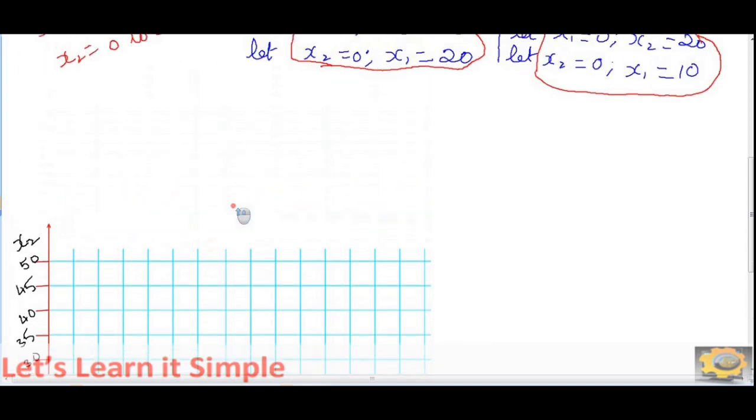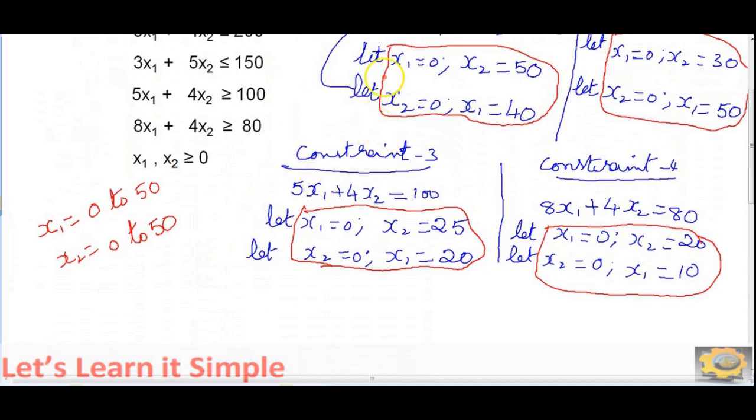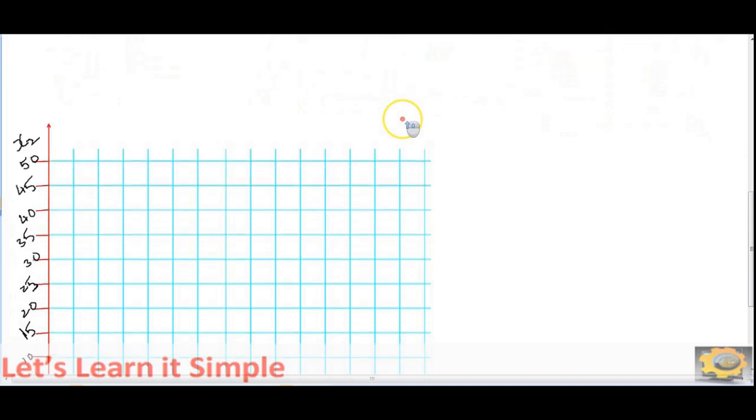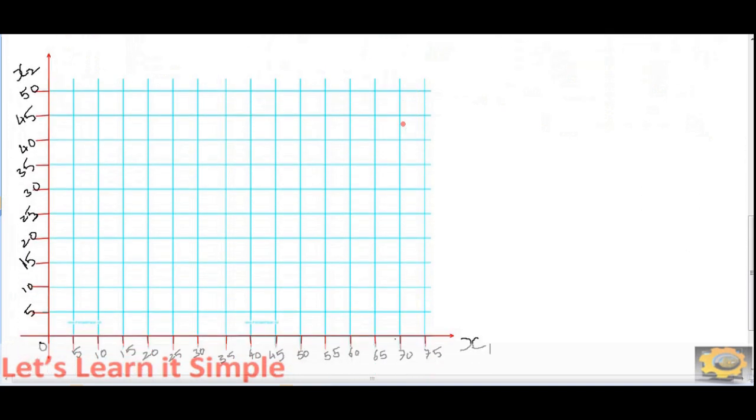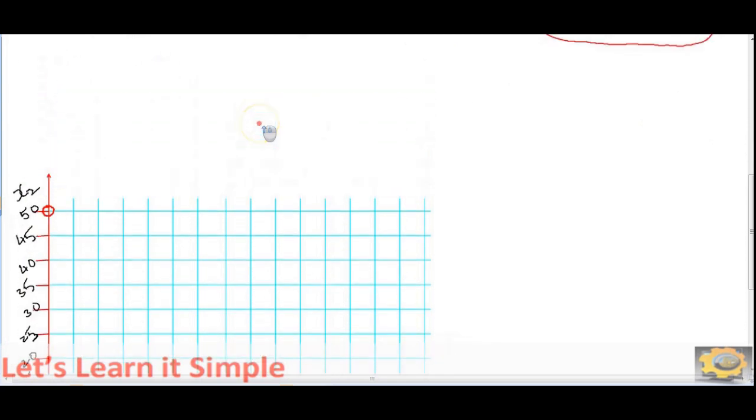Now, let us go to the first constraint. The first constraint has x1 0, x2 50, the topmost point.